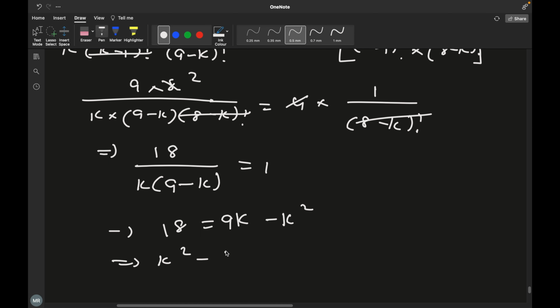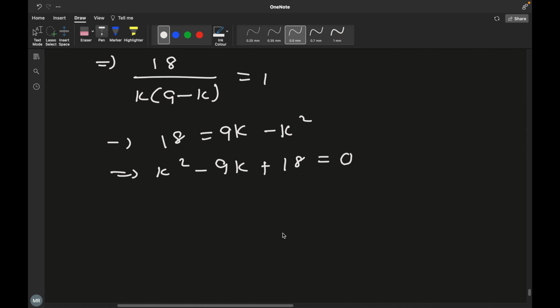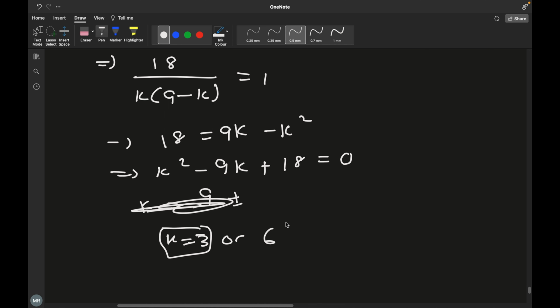So k squared minus 9k plus 18 is 0. Now let's calculate this. I do not have my calculator with me right now, but I'll just try to work it out. Oh, wait, never mind. K is just 3 or 6. You factorize it. So this is what we get.